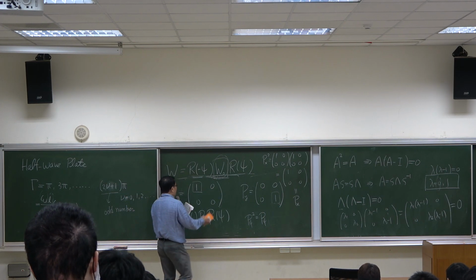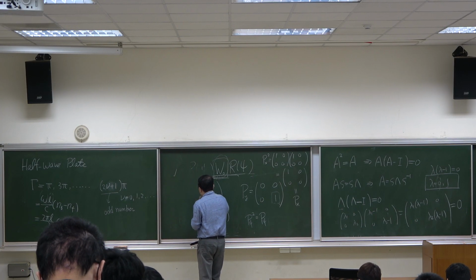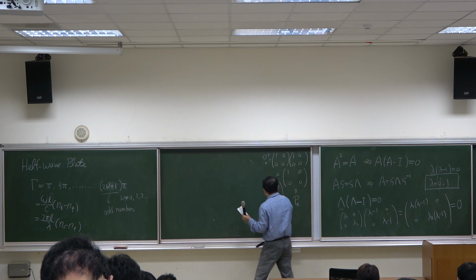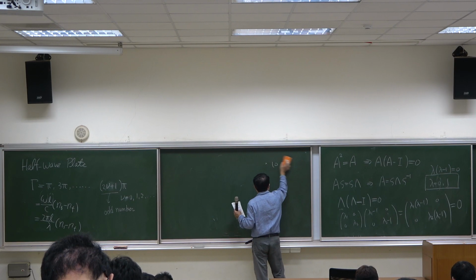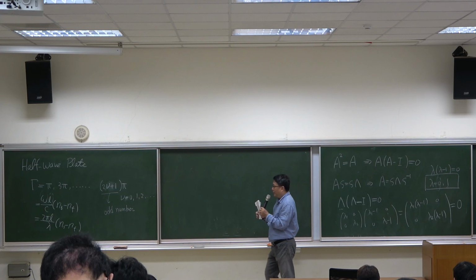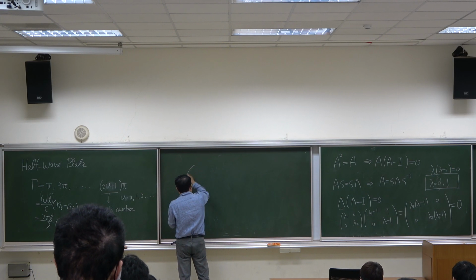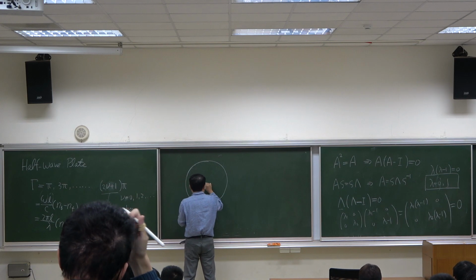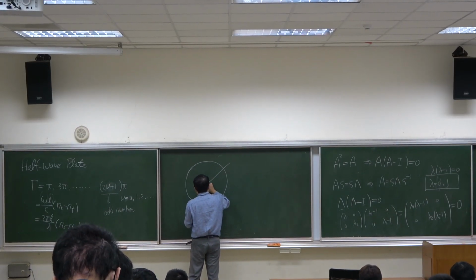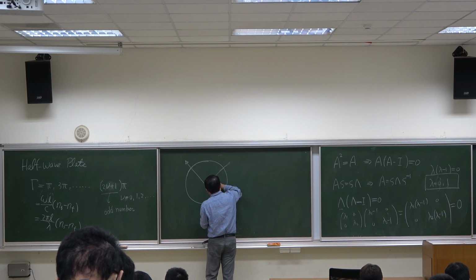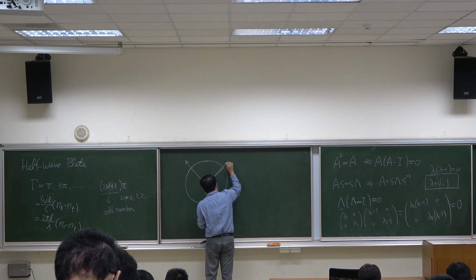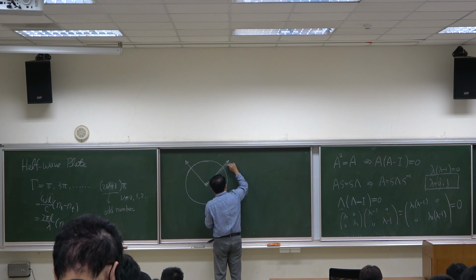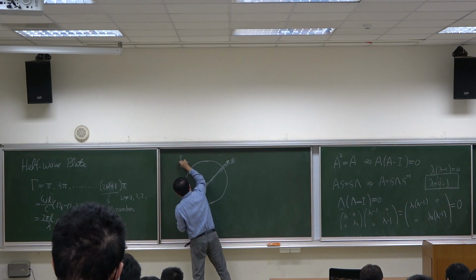So if we have this half waveplate, usually we use a half-wave plate in this way: we arrange the orientation of these two axes, slow axis, fast axis.